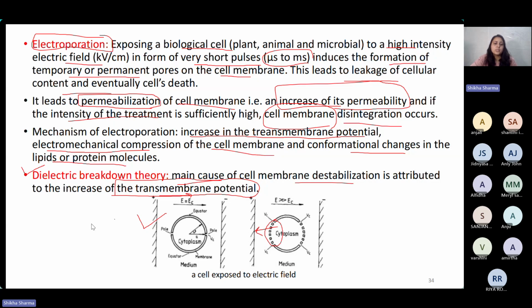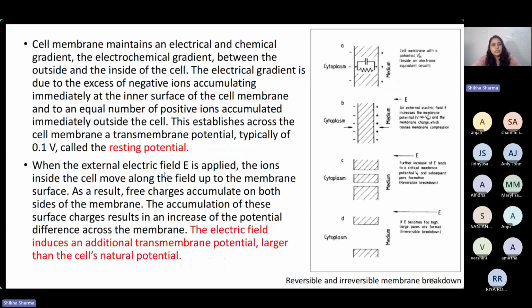What it means is that a high transmembrane potential is developed. The cell membrane maintains an electrical and chemical gradient, which is known as the electrochemical gradient, between the outside and the inside of the cell. We can see here that the cell is maintaining some kind of electrochemical gradient.